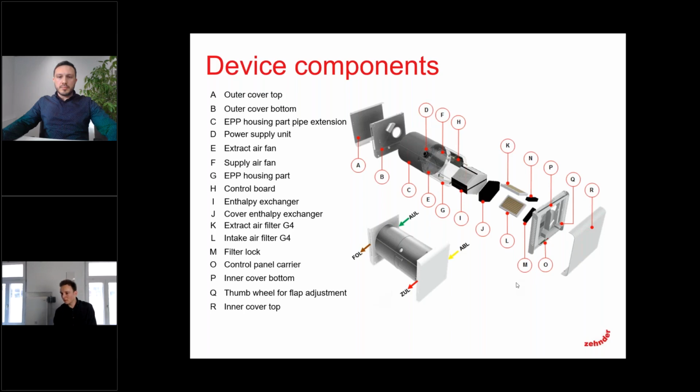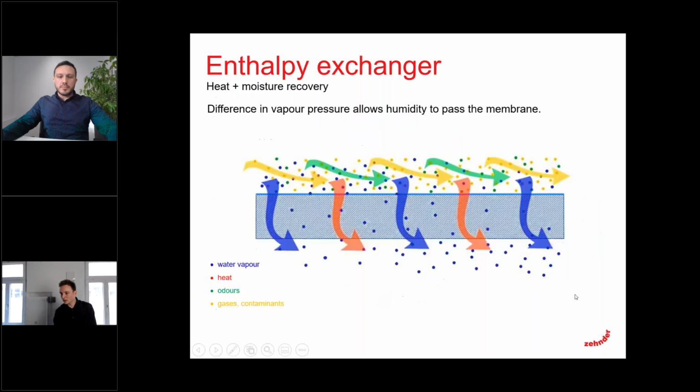Now we can take a closer look at the heart of the unit, the enthalpy exchanger. Our decentralized units come by default with an enthalpy exchanger. This is not a normal heat exchanger, which only recovers heat. An enthalpy exchanger also recovers humidity.